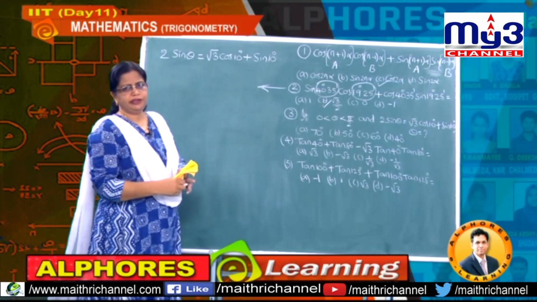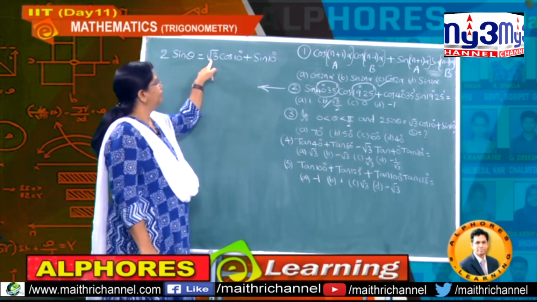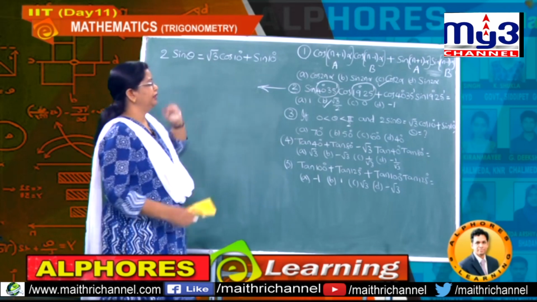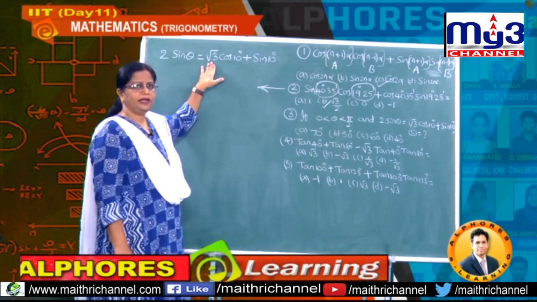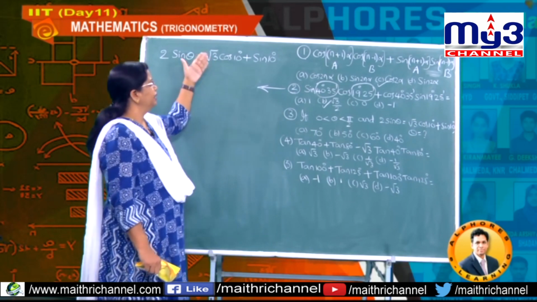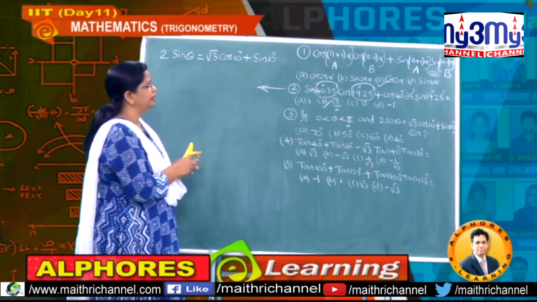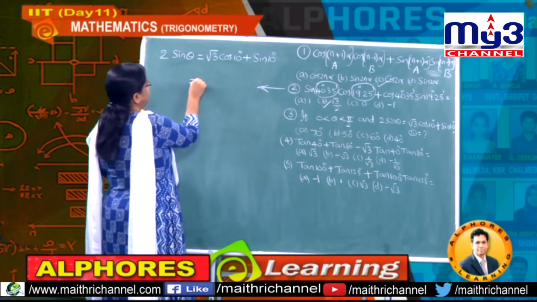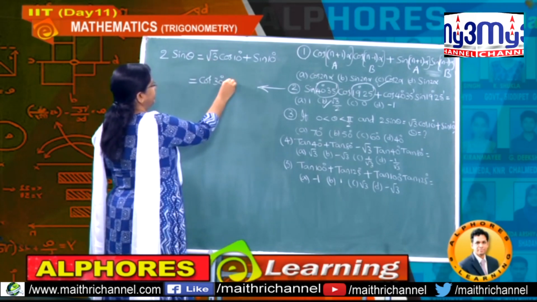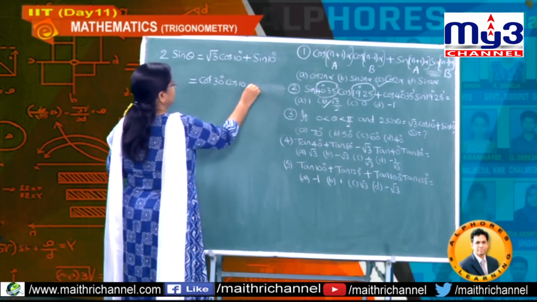So, one of the methods is you can use root 3 as cot 30, after that you can write cos 30 divided by sin 30, and the other one is you can write tan 60 also, sin 60 divided by cos 60, any value you can use. I am using the least acute angle, that is cot 30 I am preferring, you can use any value, definitely you will get the answer. Cot 30 degrees into cos 10 and plus sin 10.